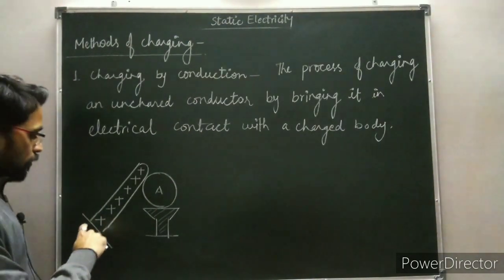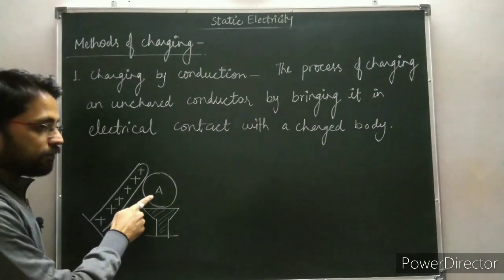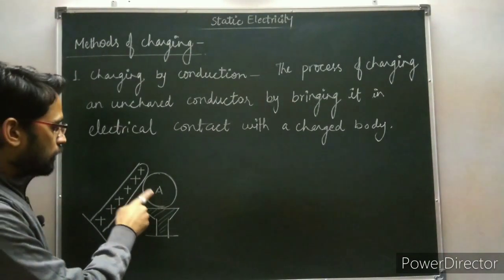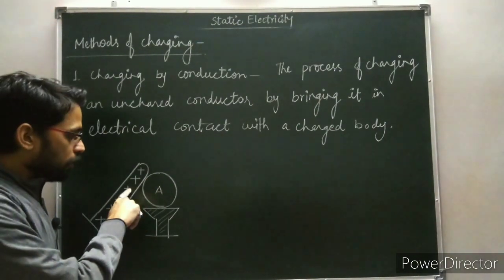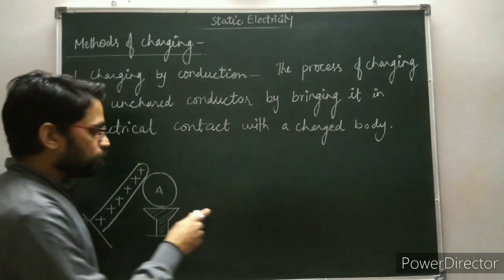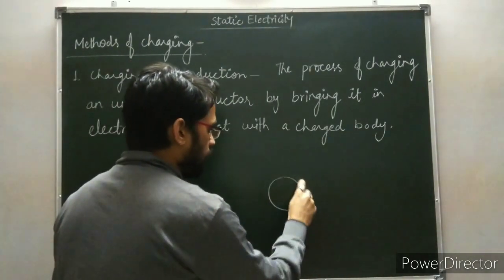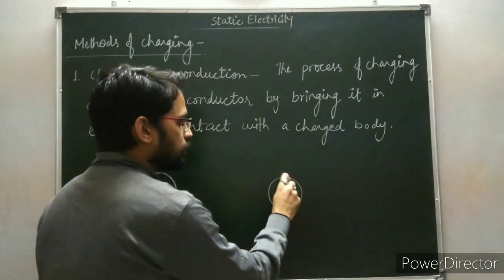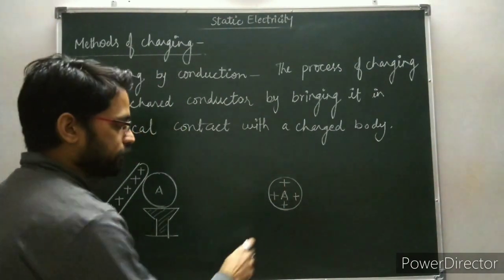When you bring this positively charged rod in contact with the uncharged body, then the charge will flow from the rod to the body, and after some time the body A acquires the same charge, positive charge.